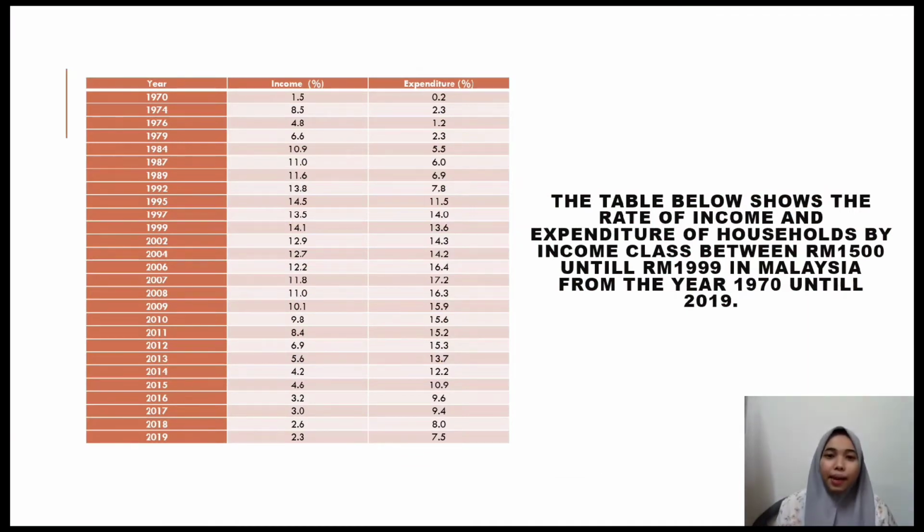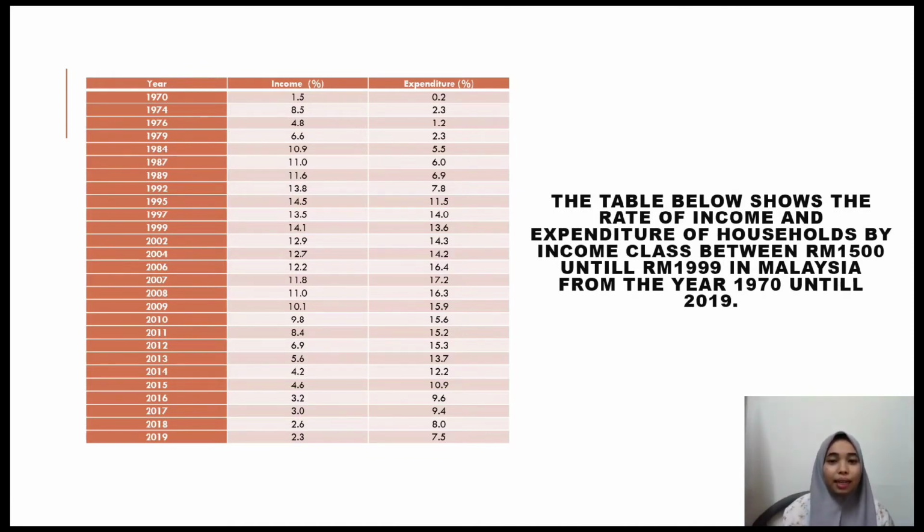Okay, the table below is the data of income and expenditure of households by income class between 1,500 ringgit until 1,999 ringgit in Malaysia from the year 1970 until 2019.